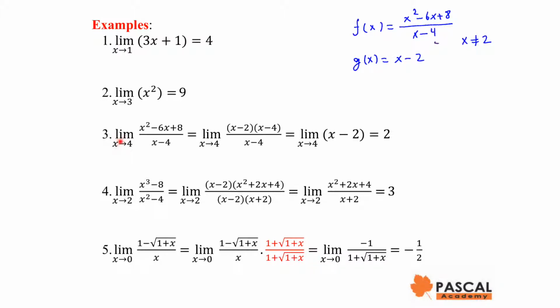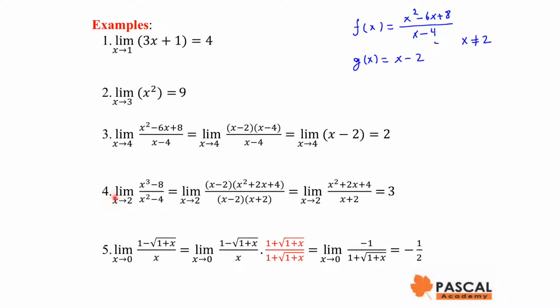Therefore, limit of f of x as x approaches 4 is the same as limit of g of x as x approaches 4. That means limit of (x^2 - 6x + 8) over (x - 4) and limit of x minus 2 as x approaches 4 are equal. When x is getting close to 4, x minus 2 is getting close to 2. Therefore, the given limit in example 3 is 2.